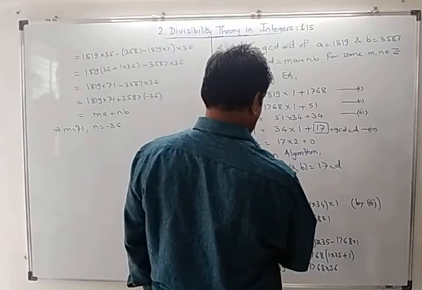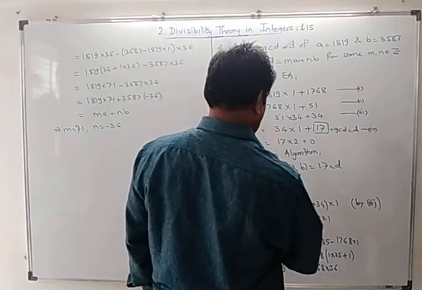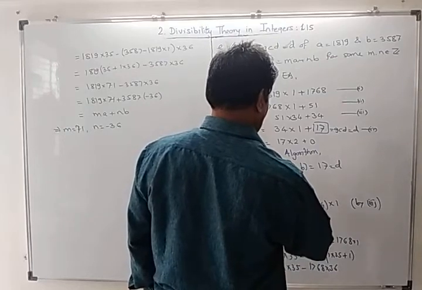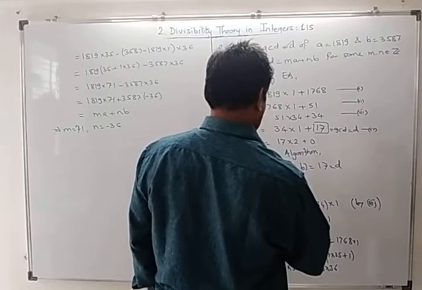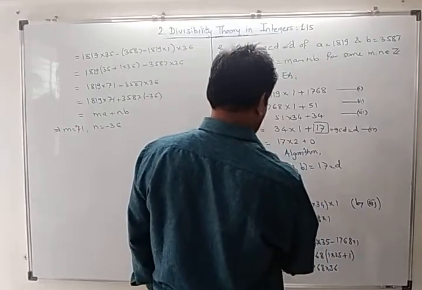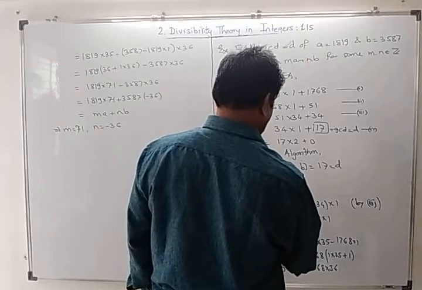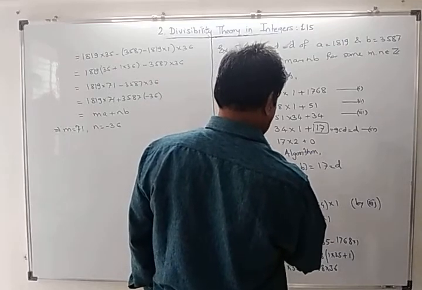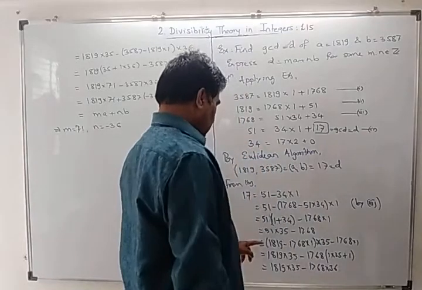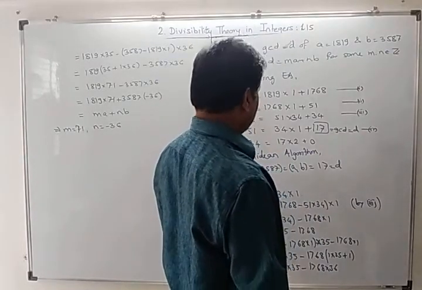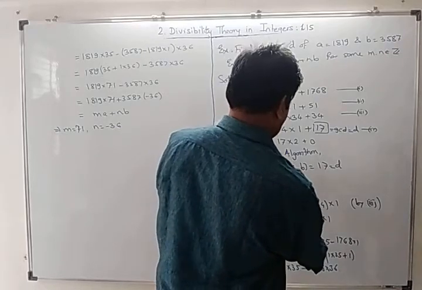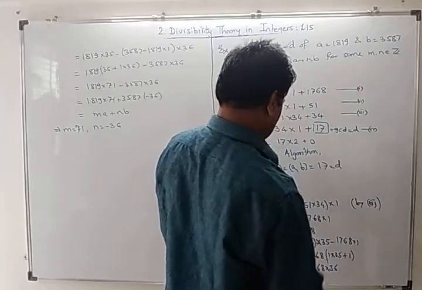So 51 into 1, and this minus will become plus 34 into 1, this is 1768 into 1, then 51 into 35 minus 1768 into 1 as it is. Then we are putting the value of 51, 1819 minus 1768 into 1, into 35, that's correct.